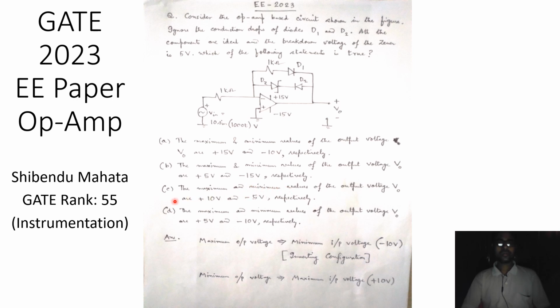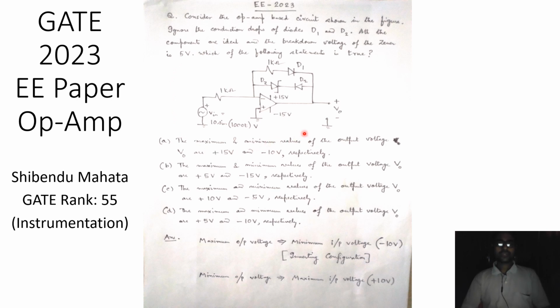Option C: the maximum and minimum values of the output voltage V0 are plus 10 volt and minus 5 volt respectively. And the last option: the maximum and minimum values of the output voltage V0 are plus 5 volt and minus 10 volt respectively. And this is the corresponding circuit.